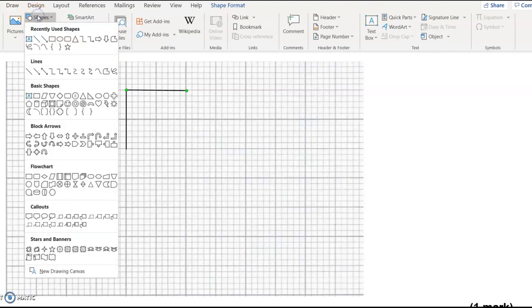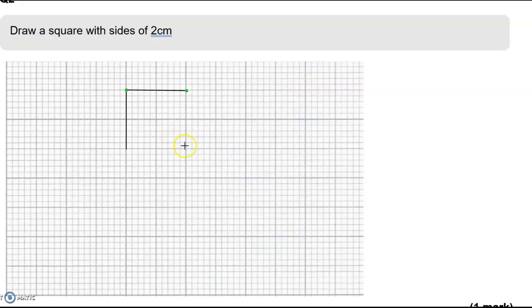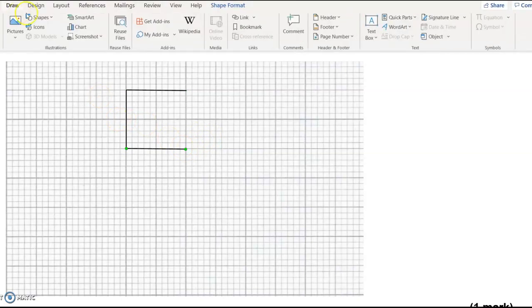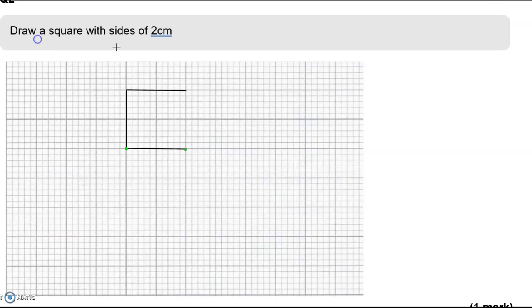It's much easier when it's done by hand and you can use a ruler. There we are, we've done it.